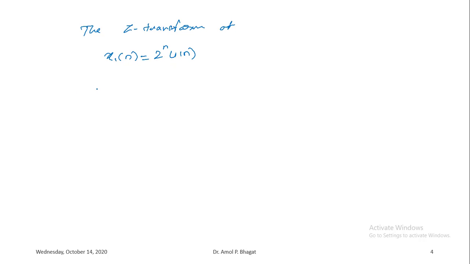So its z transform will be X1 of z, which as per the z transform formula equals the summation from n equals minus infinity to infinity of x of n into z to the power minus n. But here, in place of x of n, the signal is x1 of n multiplied by z to the power minus n.